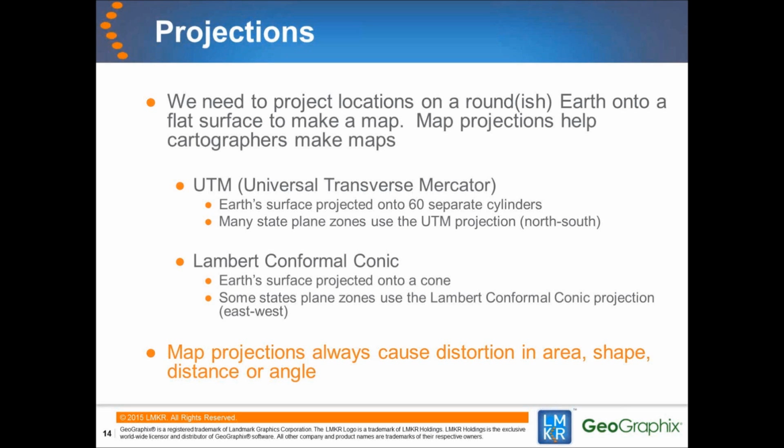UTM was developed by the United States military because they needed a way for ordnance testing to basically use the Pythagorean theorem to calculate distance. And obviously, if you were distorting your angle, you couldn't do that. And so the UTM system was born.